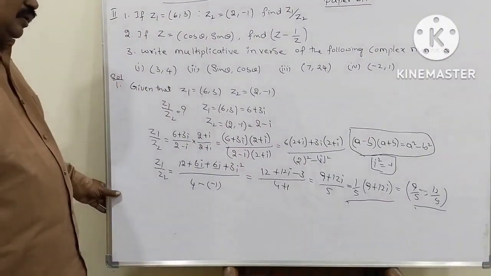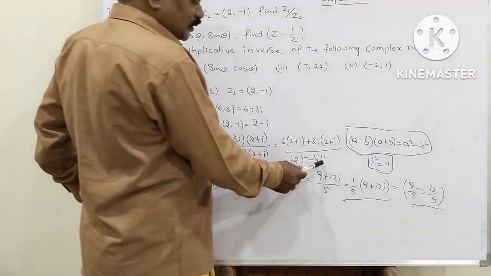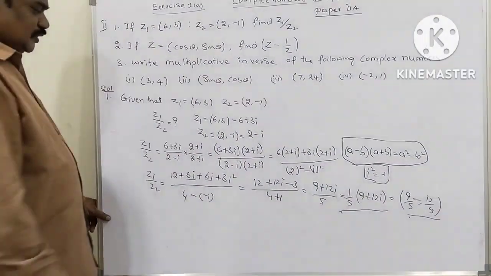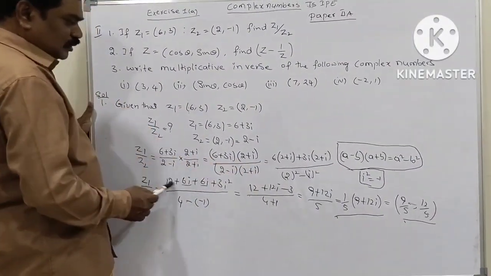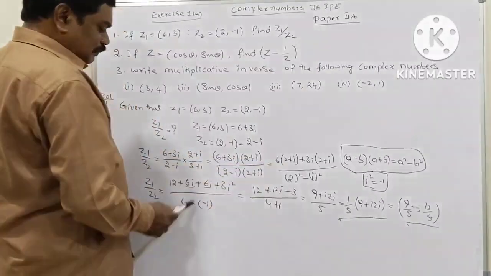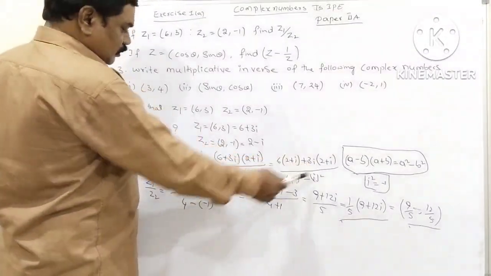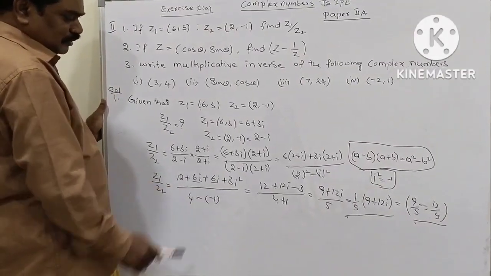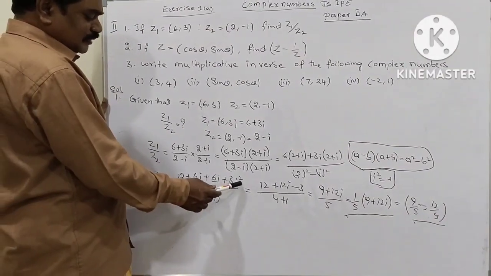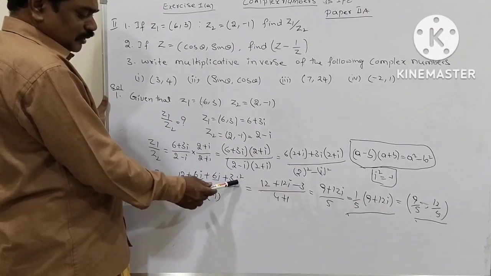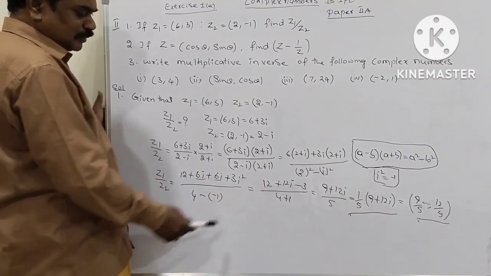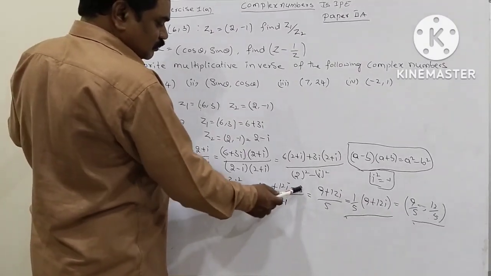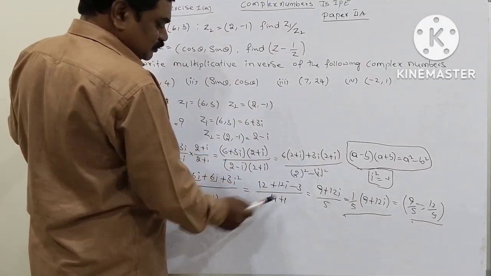This is a famous known formula, and also i square, iota square, is equal to minus 1. We know this. 6 into 2 is 12 plus 6i plus 6i plus 3i square by 4 minus of minus 1. This i square is equal to minus 1. So 12 plus 6i plus 6i, 12i, minus 3 by 4 plus 1.